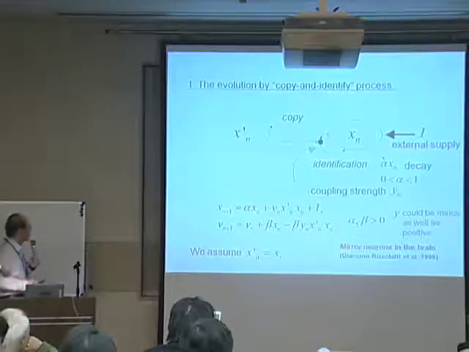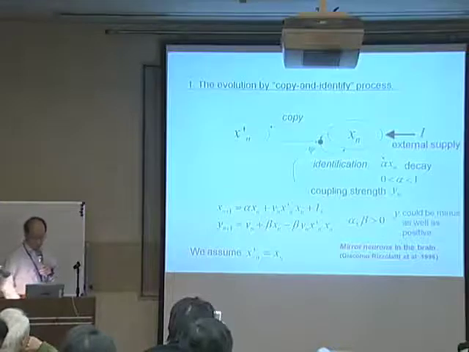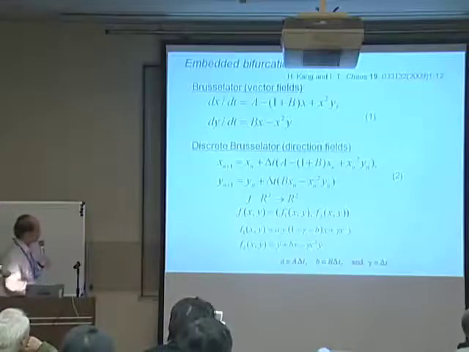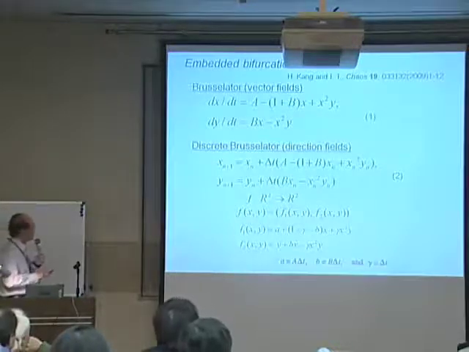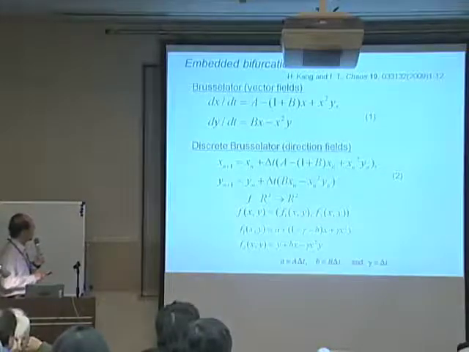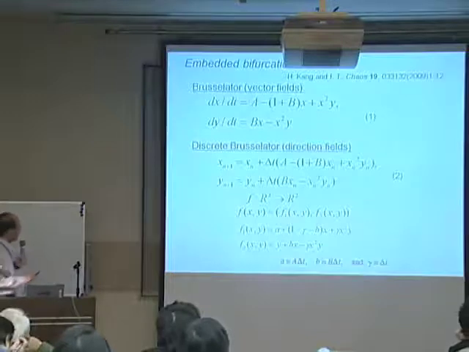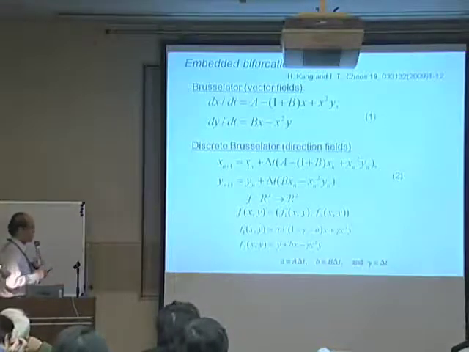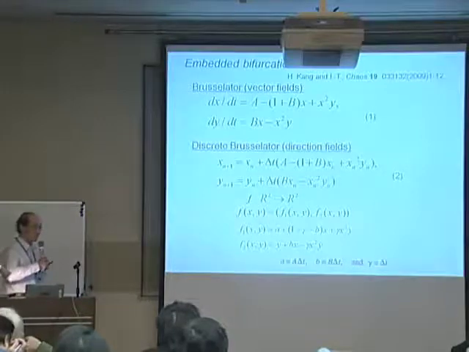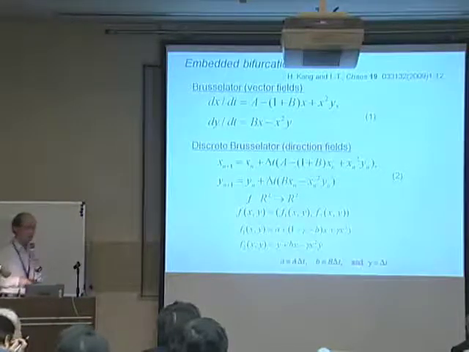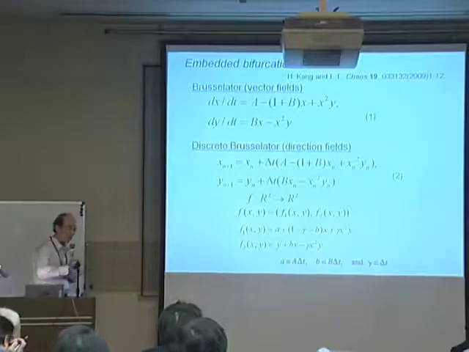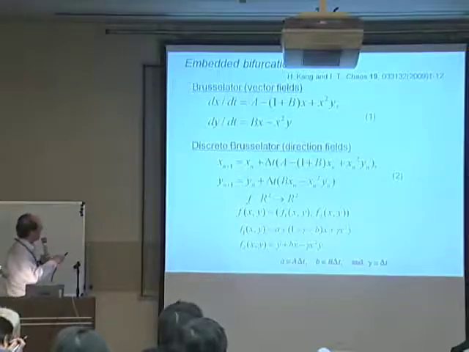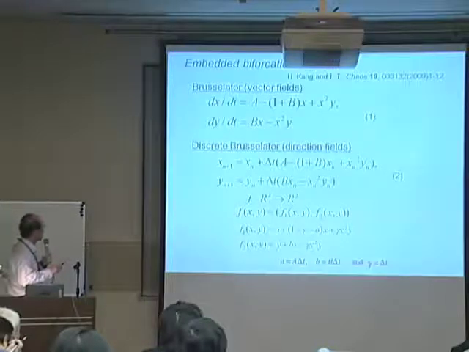But more interestingly, this equation of motion is just a discretized version of the Brusselator. The original Brusselator was invented by Prigogine, Nicolis, and others in the early 1970s in order to capture the essential dynamical behaviors in the Belousov-Zhabotinsky reaction system. Actually, the details of the dynamics of the Belousov-Zhabotinsky reaction system are much more complex than this equation of motion shows.